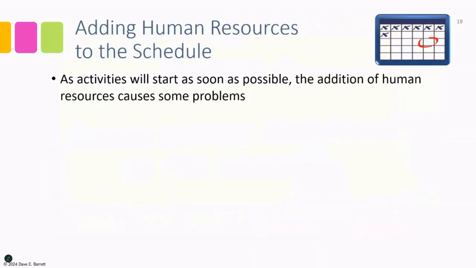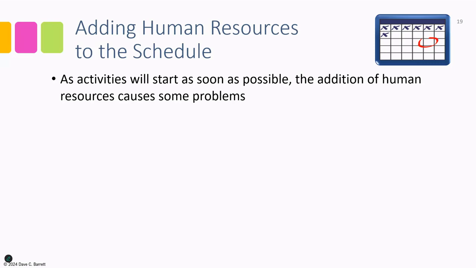Okay, so what we saw there is as activities will start as soon as possible, the addition of human resources causes some problems in this particular case. And that is, there were points where, based on the first network diagram that was created, we would require more of a certain skill, such as the graphic designer, than we have available.